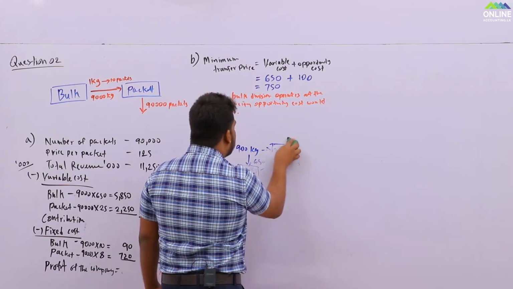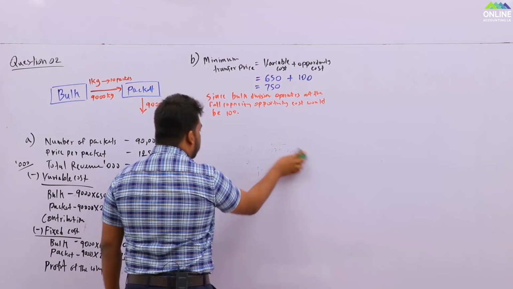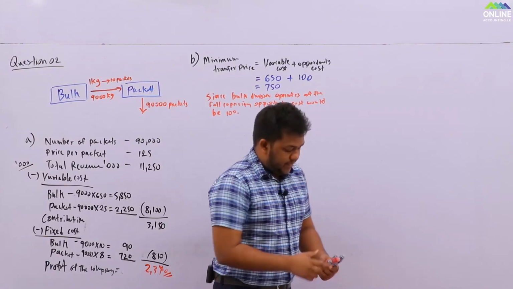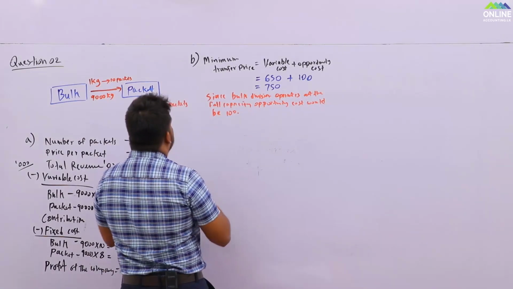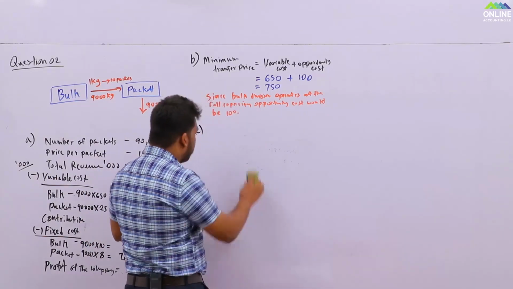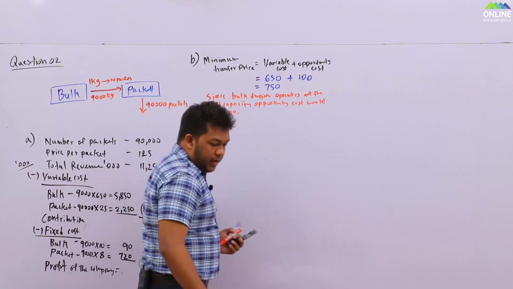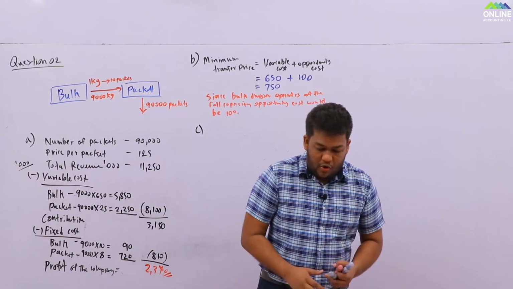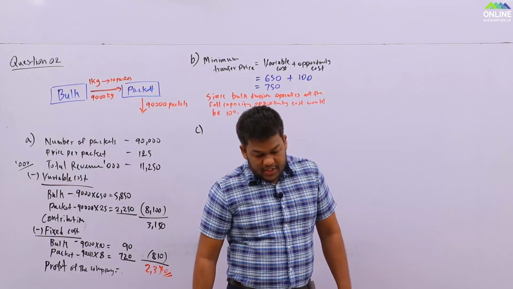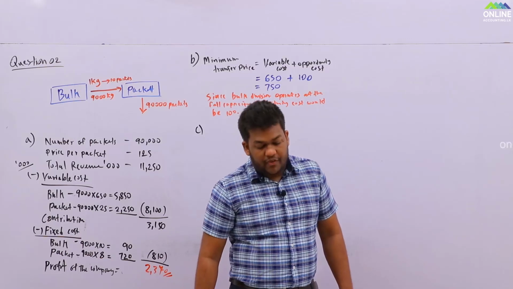Then the next one, see the next one, number C. The company pays a bonus for its divisional staff based on divisional profit calculated as 5% of monthly profit.